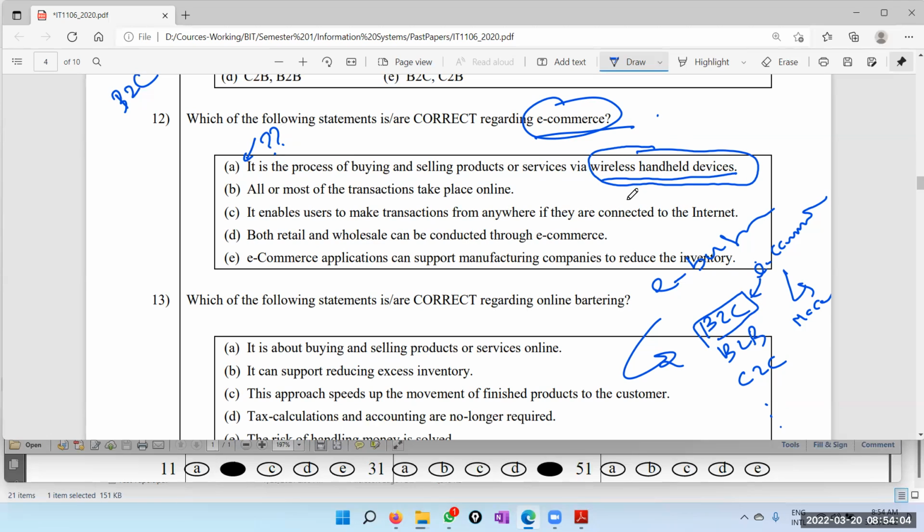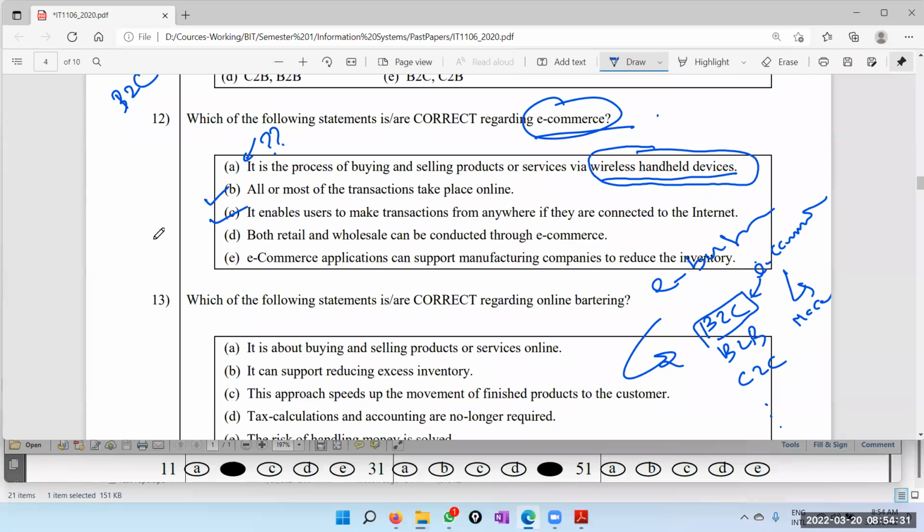Although most of the transactions take place online. That is correct, right? That is what e-commerce is all about: online business transactions between the business and the customers. I'll take that. It enables users to make transactions from anywhere if they are connected to the internet. That is correct, right? Because it's online, electronic.